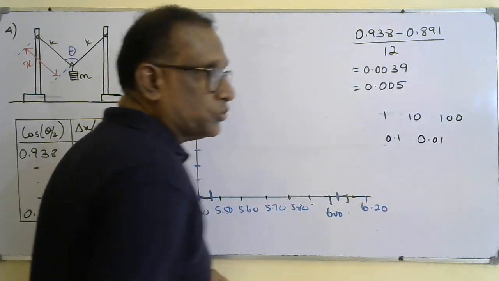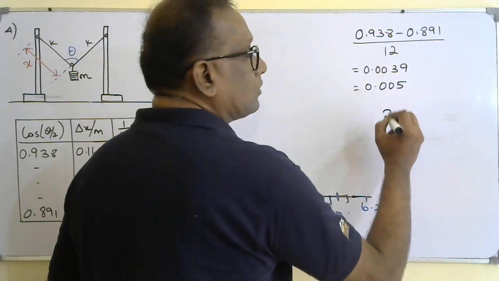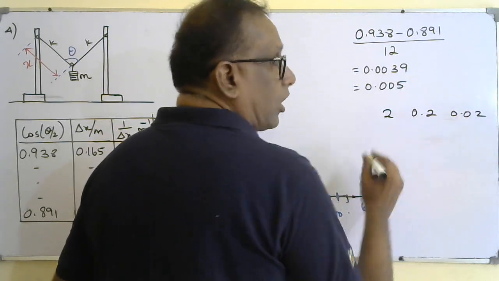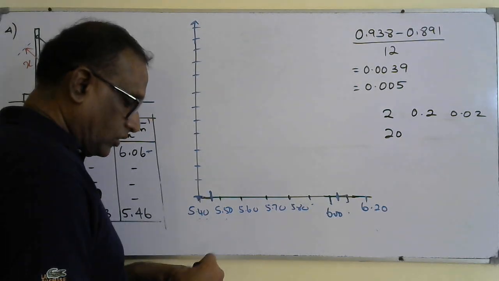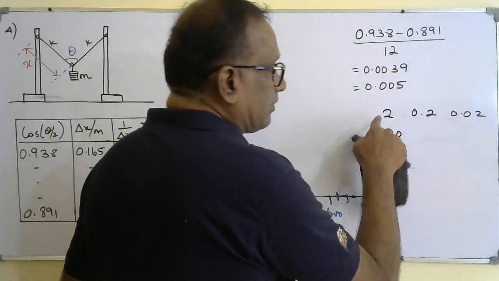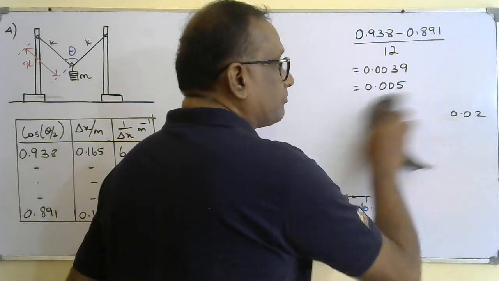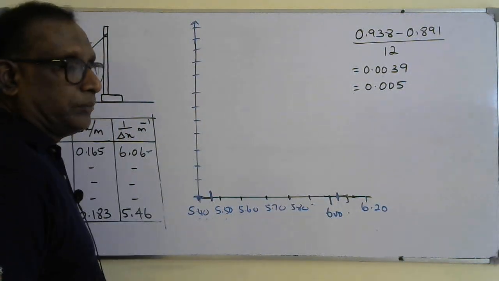That order we use as intervals. Or we can take the intervals as 2 or 0.2 or 0.02, or the intervals could be 20 or 200, like those formats. Same way, like 5, 0.05, the intervals could be 50 or 100, that format in the order of 5.